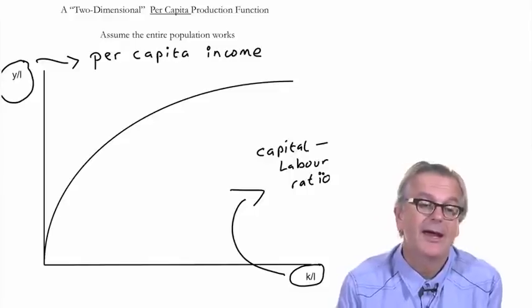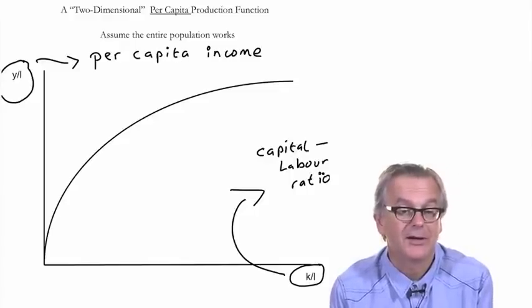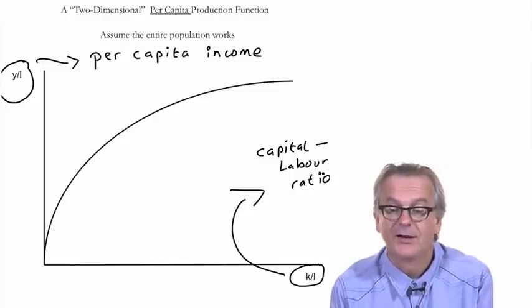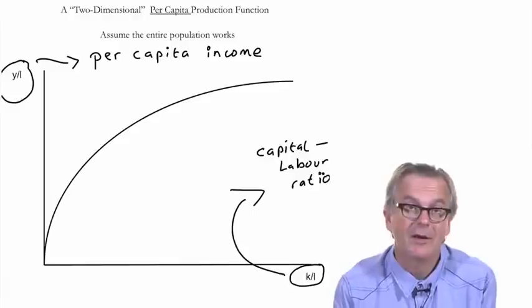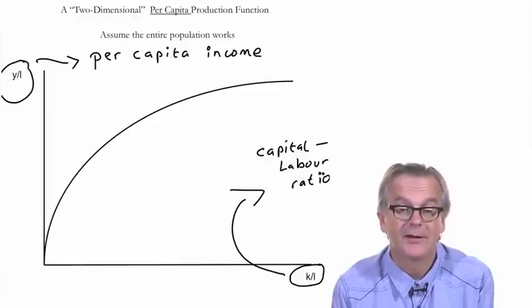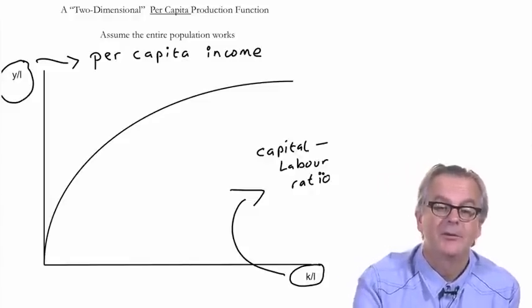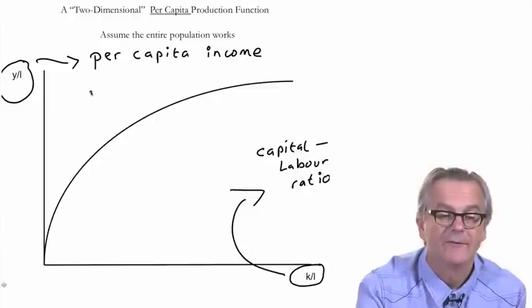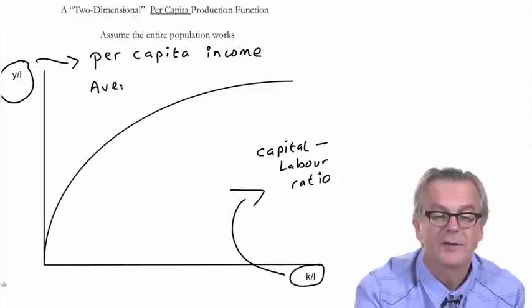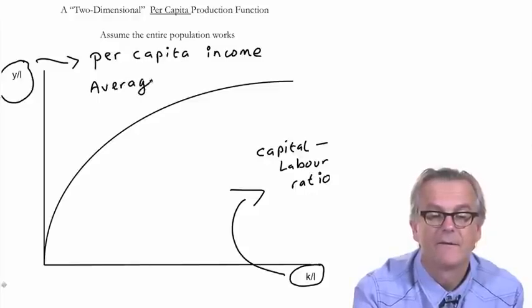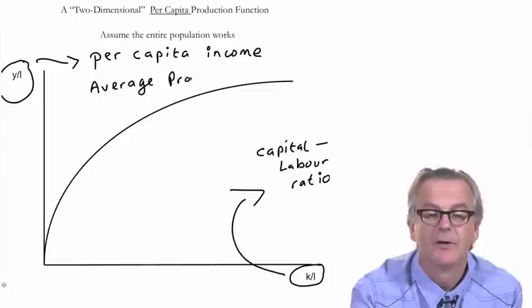We have per capita output, which is the same as per capita income, on the vertical axis, and the capital labour ratio, the amount of capital available in the economy per person, on the horizontal axis. Note that by working with this per capita production function, we are very much focusing the analysis on average productivity.